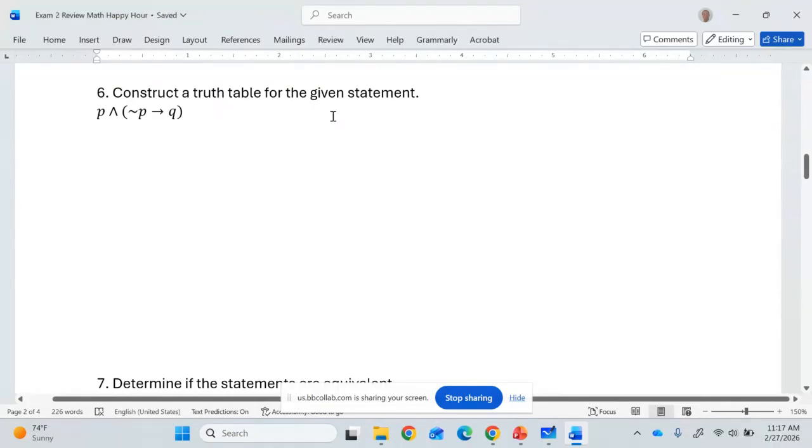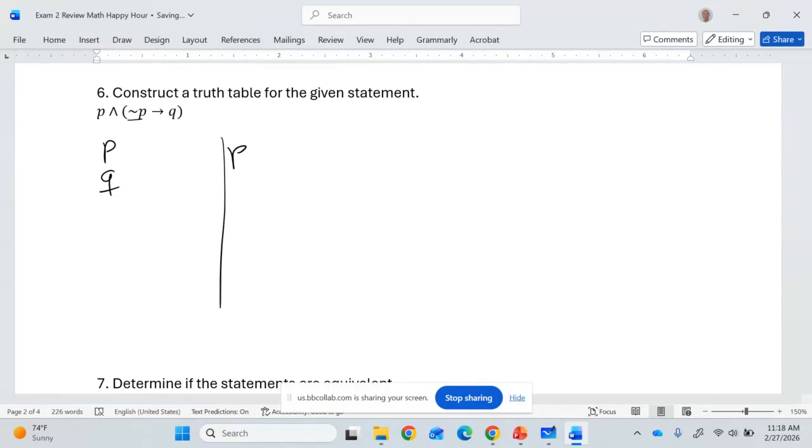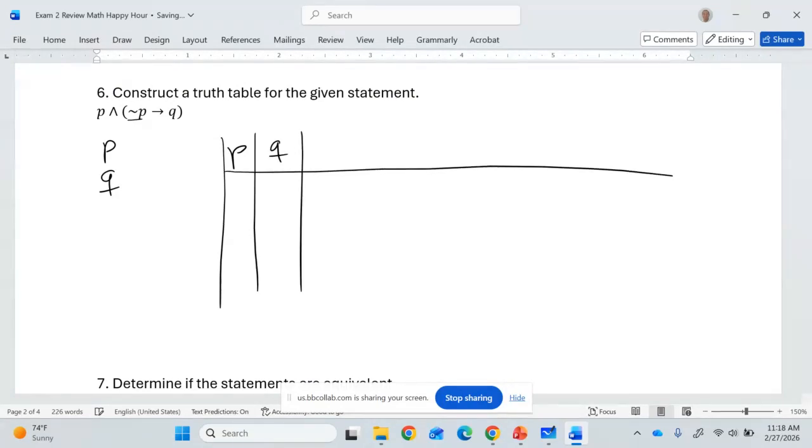And notice that the two different letters are actually P and Q. Even though here I have the negation of P, like not P, it's still the letter P. So I only need a table that has two variables. So I would start with the two variables, each one in each column, and then everything else, the whole compound statement goes on the right.